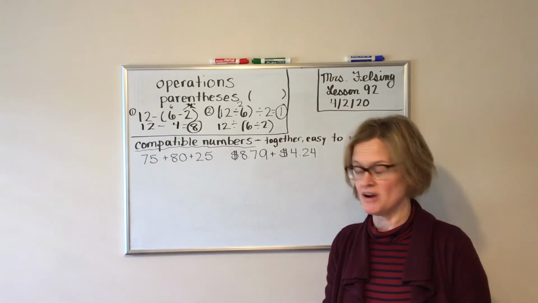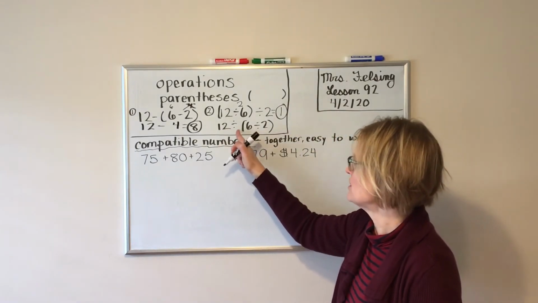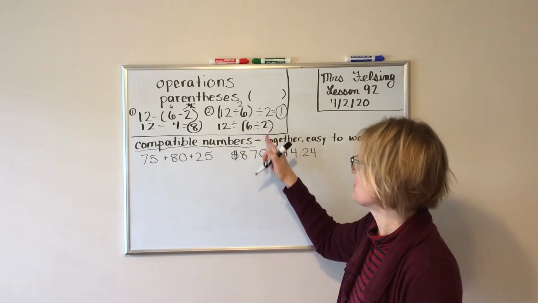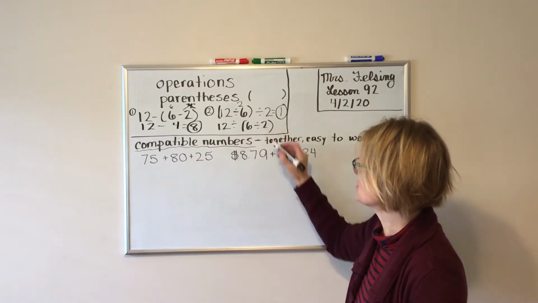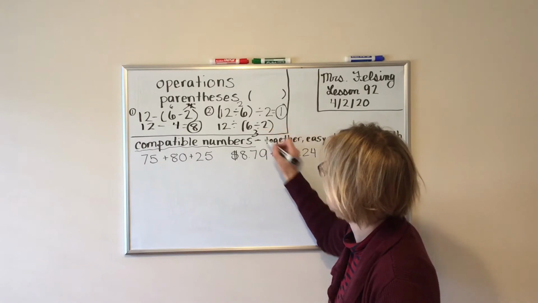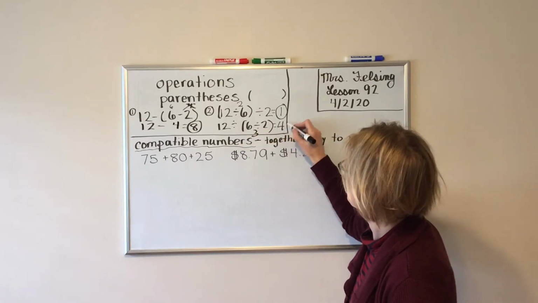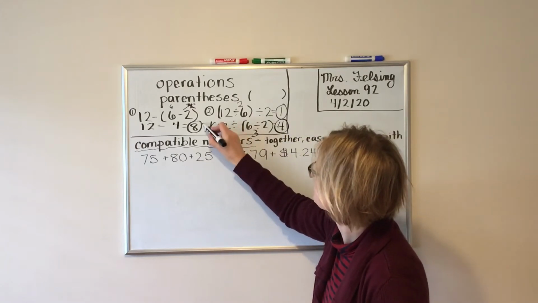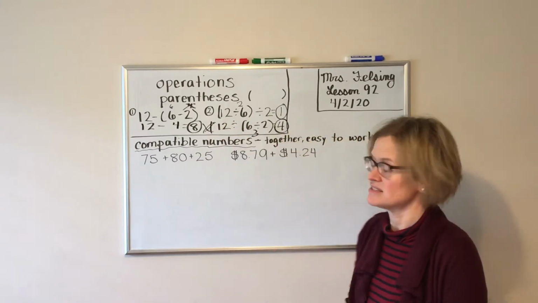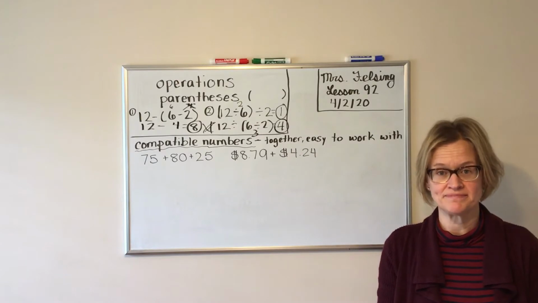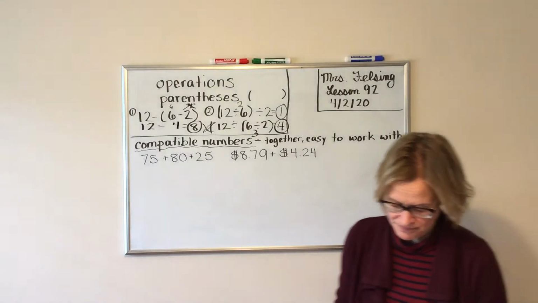Well, that's pretty small. Let's take a look at 12 divided by 6 divided by 2. Well, we got to do this first. 6 divided by 2 is 3. 12 divided by 3 is 4. It looks like this second one is our larger number. Okay, that's what is greater.